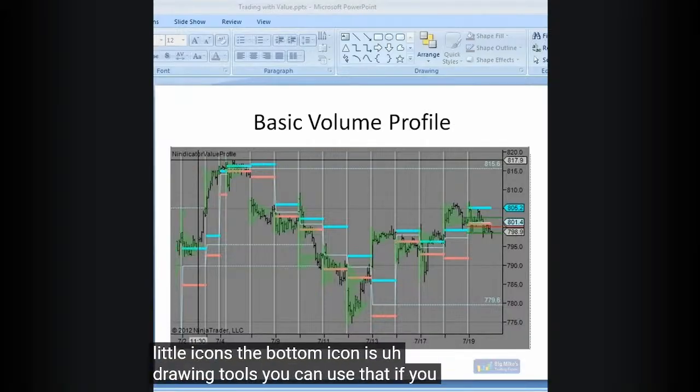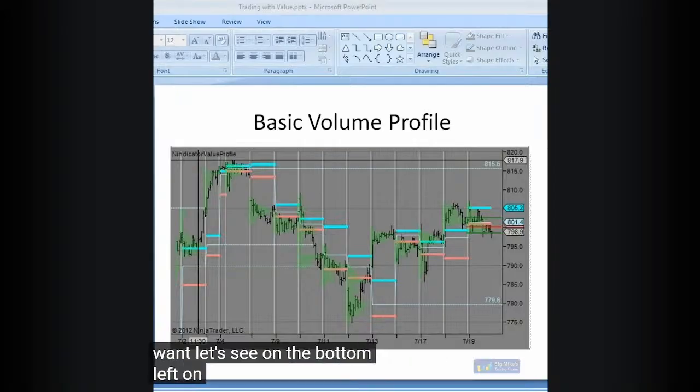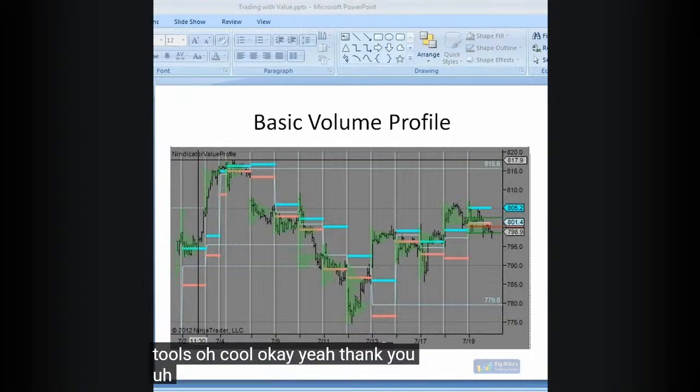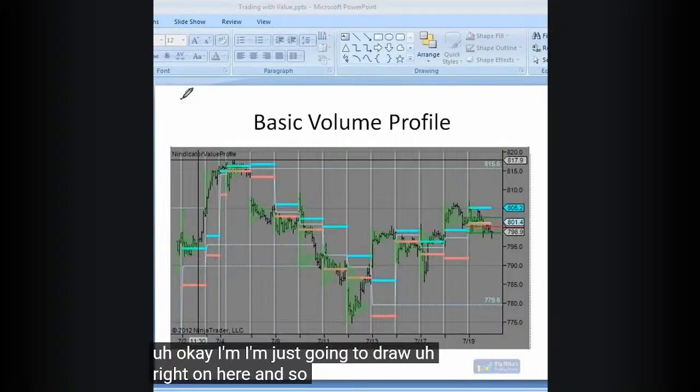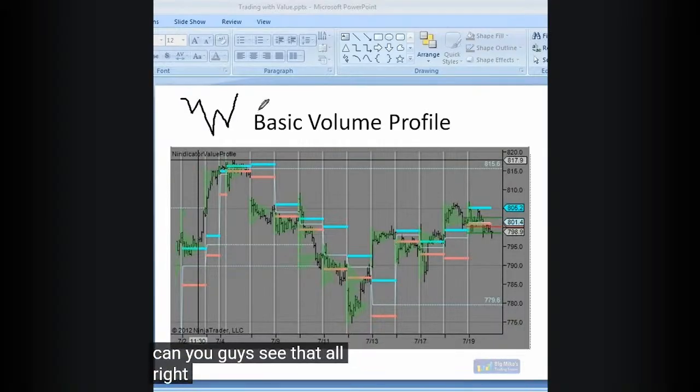You can use that if you want. Let's see, on the bottom left. There are little bitty icons off to the side of the panel, and the bottom one is drawing tools. Oh, cool. Okay, yeah, thank you. Okay, I'm just going to draw right on here. Can you guys see that all right? Yes. See my funny little drawing up there? Can you guys see that?